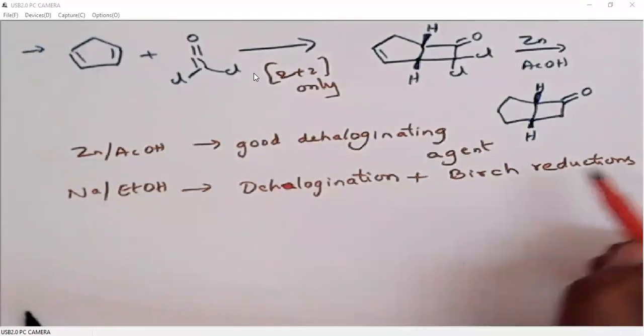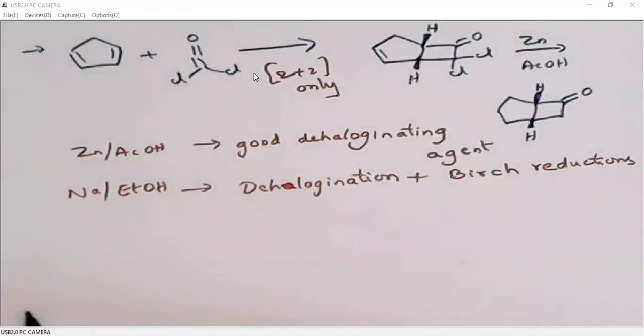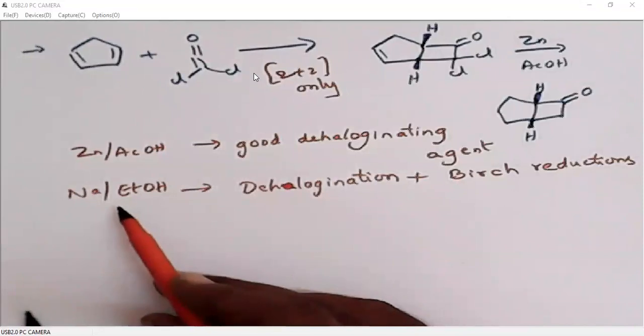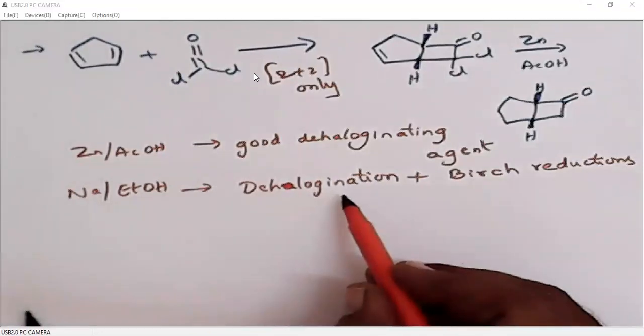So there is always a possibility for side products. So sodium in alcohol can be used for dehalogenation.